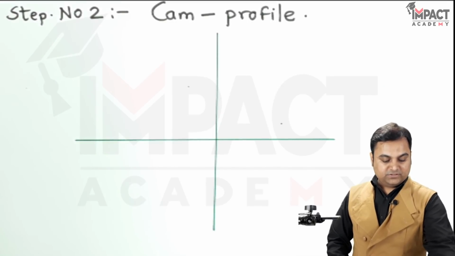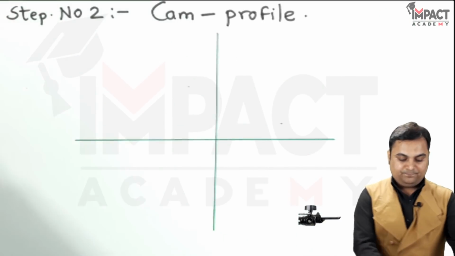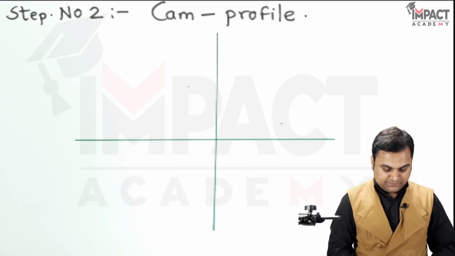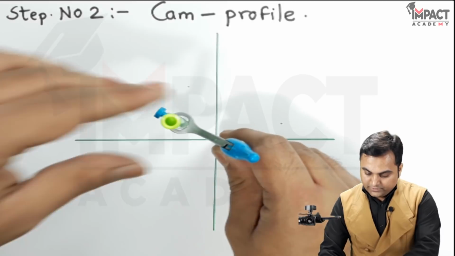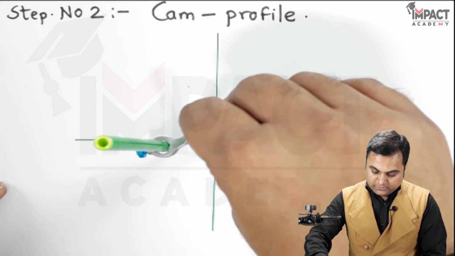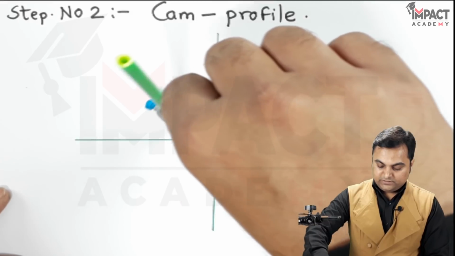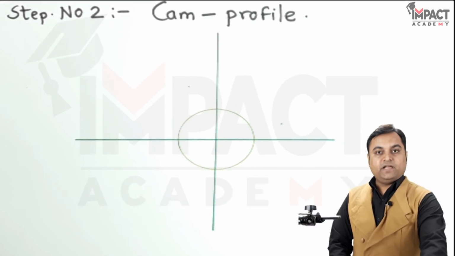Next, starting with the minimum radius, which is 25 mm, I'll measure 25 mm in the compass. So taking 25 mm and drawing a light circle. Here the green I am using indicates the light line or the light curve. So this is the minimum radius of the cam.